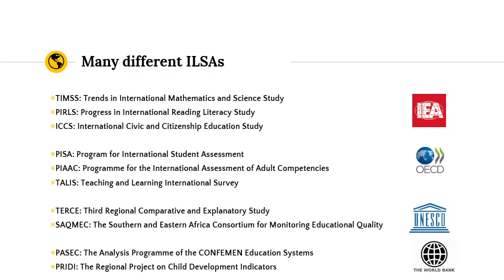So for this reason, organizations like UNESCO organize the Regional Comparative and Explanatory Study. They are now working on the fourth cycle, and this is a study only for Latin American countries. The idea is that it's more useful to do this kind of international but regional study than to have global ones.